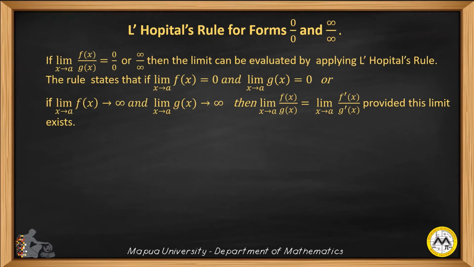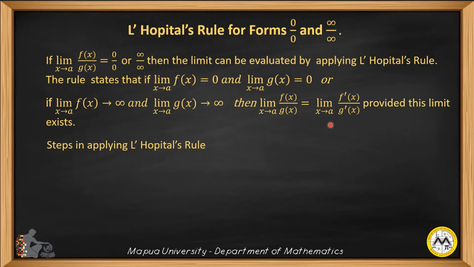L'Hopital's rule simply states that if the limit of a ratio f of x divided by g of x as x approaches a initially would result in a 0 divided by 0 or infinity over infinity, then we can indirectly evaluate the limit of this expression using L'Hopital's rule, where the limit of f of x divided by g of x as x approaches a would be equal to the limit of f prime of x divided by g prime of x as x approaches a, provided that this limit exists.